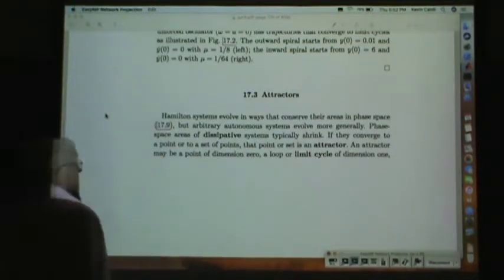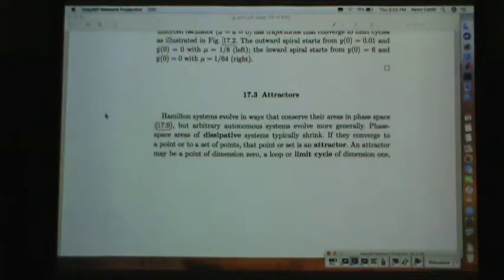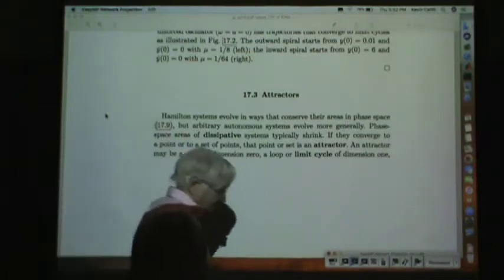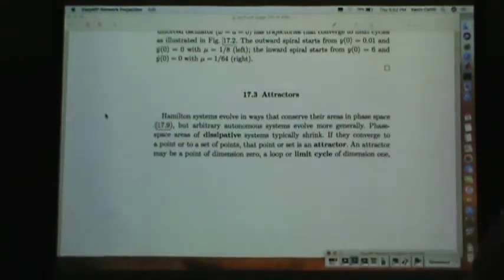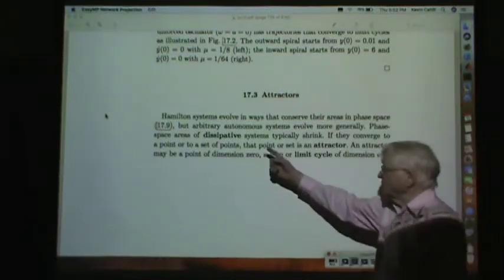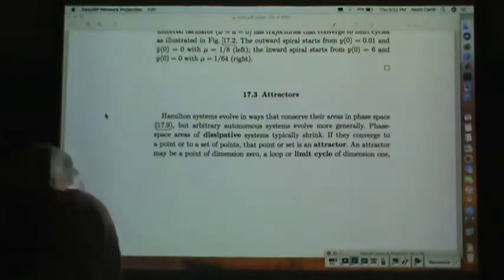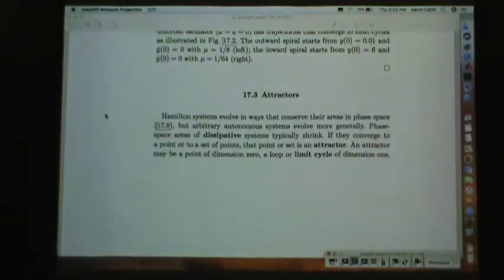Okay, so I was mentioning attractors, and Hamilton systems, remember, evolve in ways that conserve their areas in phase space. But arbitrary autonomous systems behave more generally, and the phase space areas of some of them, ones we call dissipative, so they're losing energy in some way, or something equivalent to energy, typically shrink.